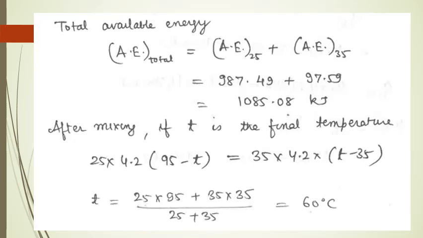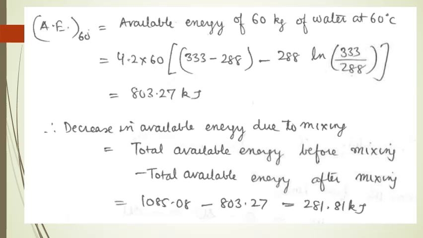Now, T has been obtained as 60 degrees Celsius. Now, the available energy of 60 kilogram of water at 60 degrees Celsius can also be obtained by using the similar expression which we have used in the earlier slides.